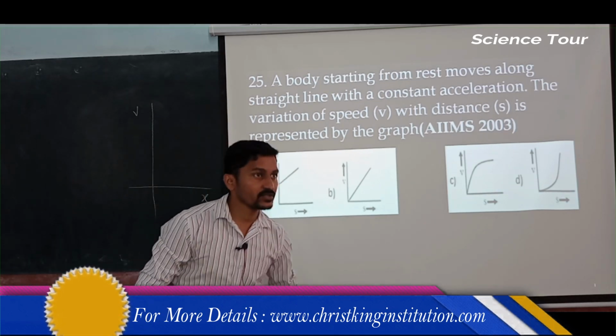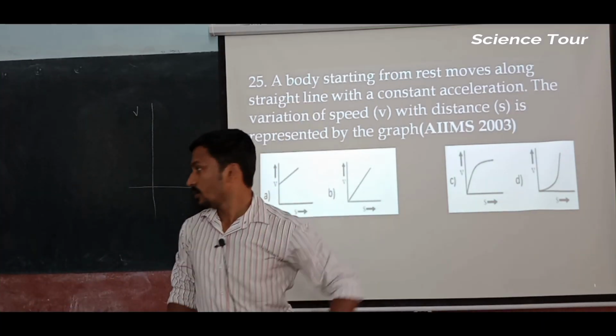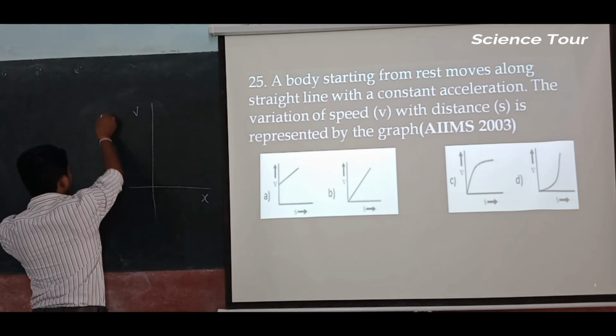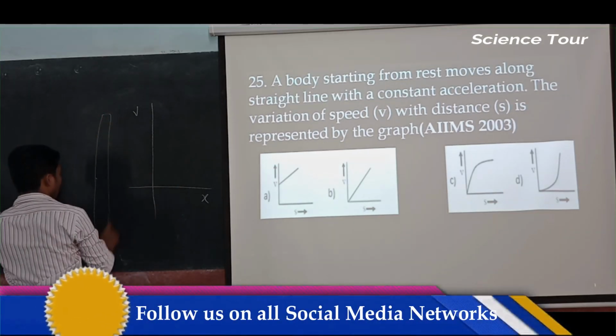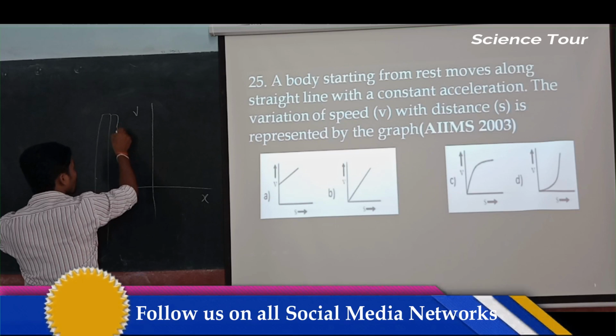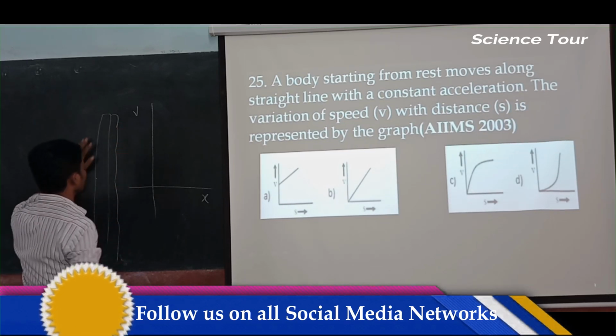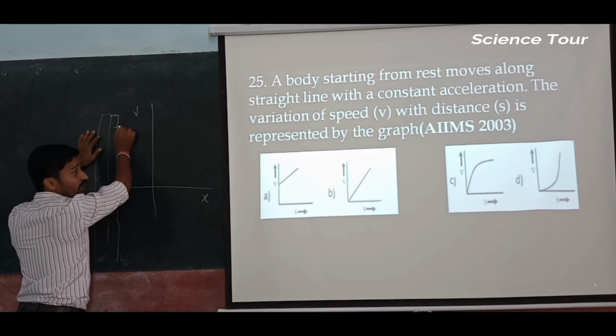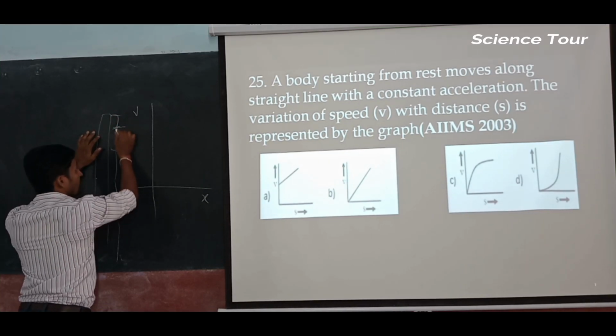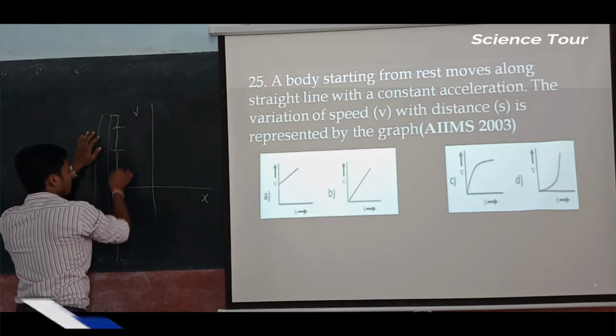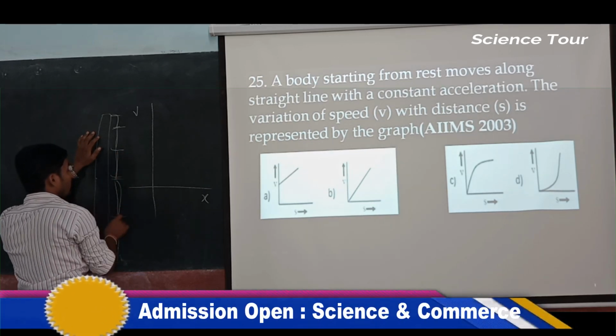Constant acceleration means what happens? For a freely falling body, what happens? First it will fall, and velocity increases. We know that in the first second it is going to travel less distance, in the next second it travels more distance, in the third second more distance, in the fourth second again more distance.